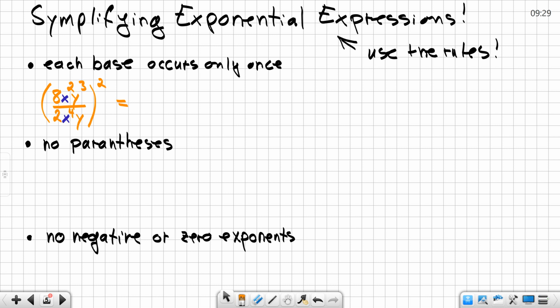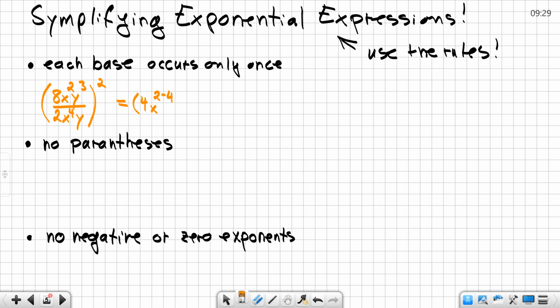That can't be. I'm going to use my rules for exponents. I am simplifying the inside first. 8 divided by 2, that will be 4. X raised to the second divided by x raised to the fourth, we have seen that.